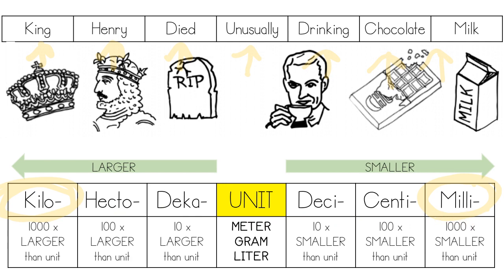So that's a little trick that I use to help me remember what order I put my prefixes in. Kilo, hecto, deca, unit, deci, centi, milli. This is going to be very important when we start doing our metric conversions.